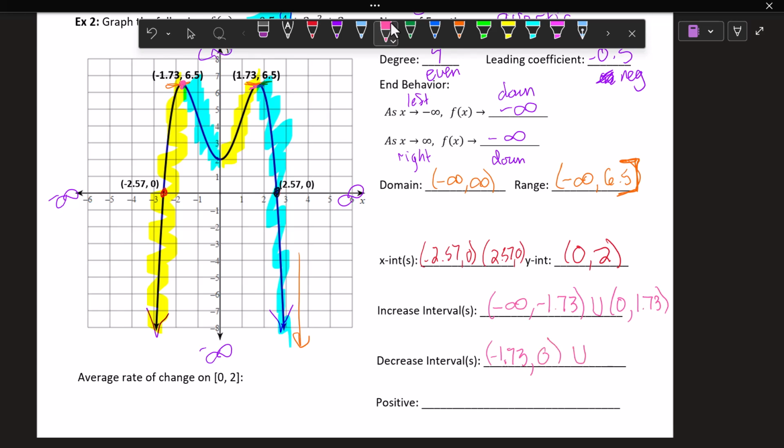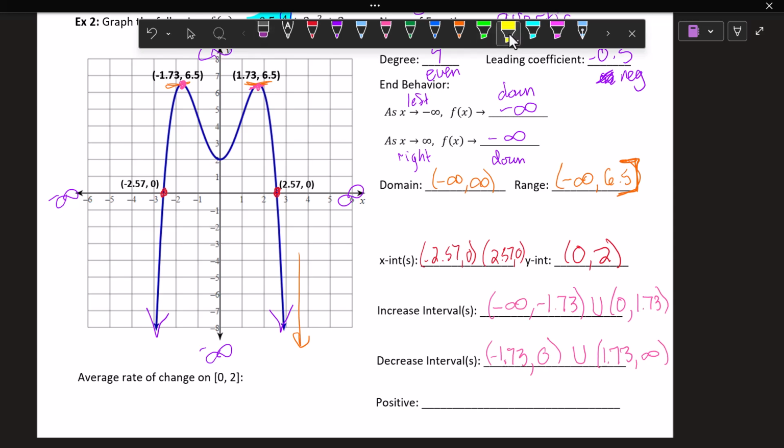And then it's decreasing after the second hump, so that's 1.73, and it goes on forever. It keeps going to the right, so it's positive infinity. That's our increasing and decreasing. Do this again. That graph's already there. All right.